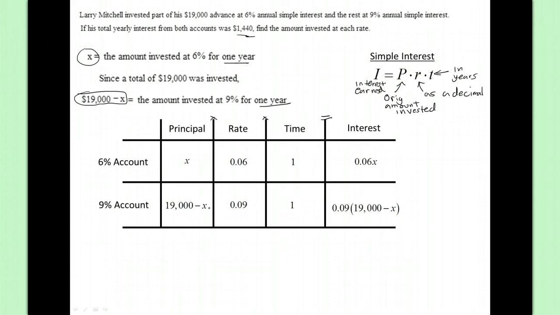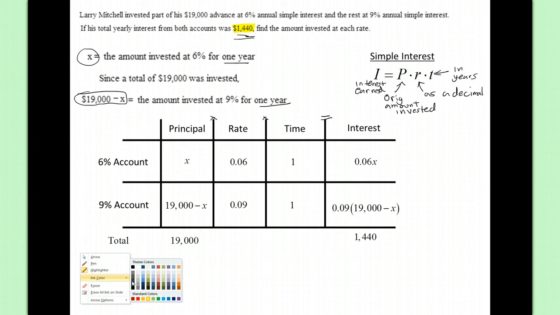Okay, well, we need to figure out how to find X. We know that the total principal is 19,000. What about the total interest that you earn? It's given in the problem as 1440. So we just need to have our two interest amounts add up to that.